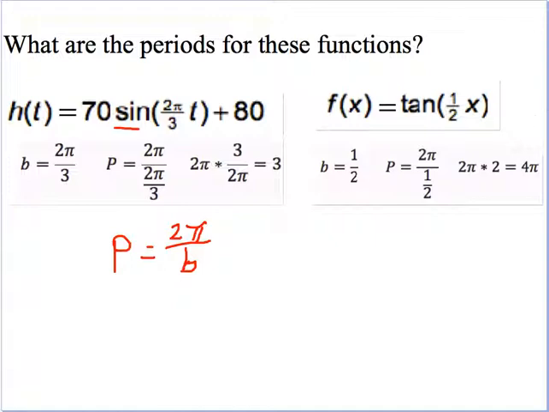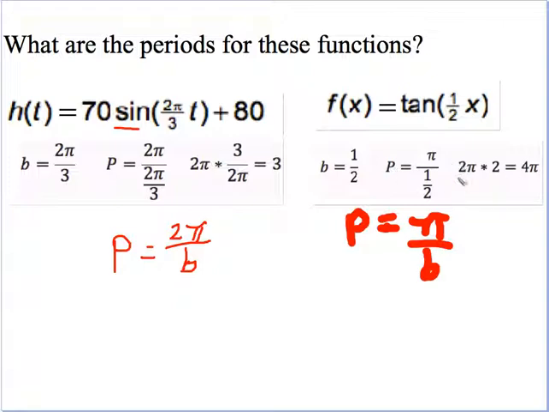Over here, have you spotted the typo? I need to get rid of this 2 here, because for tangent, the period is equal to pi divided by b, not 2 pi divided by b.